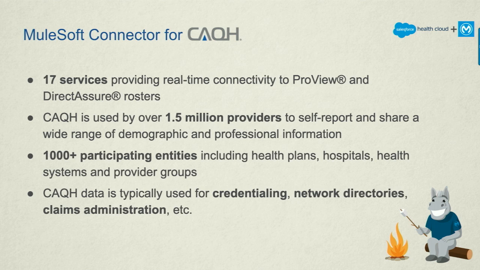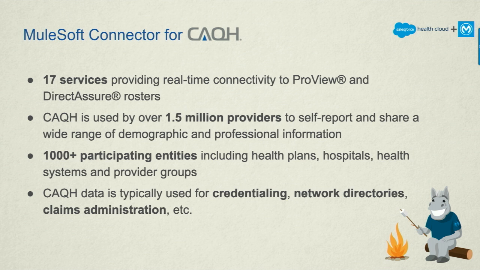The Health Cloud team has gone ahead and built a new connector on MuleSoft for CAQH. CAQH has two services, ProView and Direct Assure, which combined have 17 different APIs. These APIs expose data from providers around North America, from 1.5 million providers. And on the other side, this data is consumed by more than 1,000 entities.